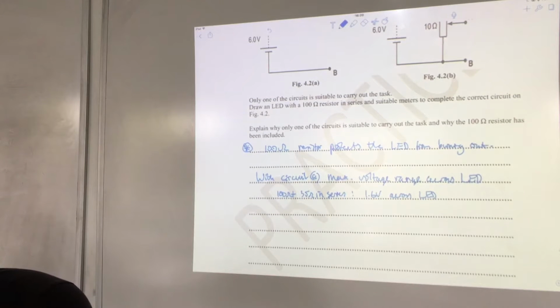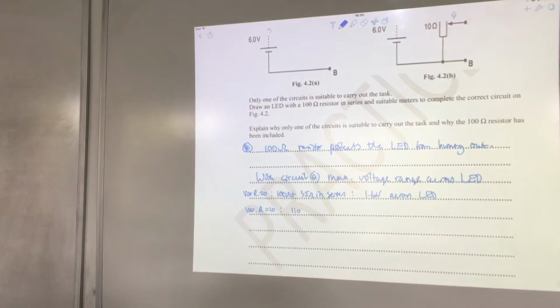For the variable resistor equal to 10 ohms, then we'd have 110 ohms and 35 ohm resistors in series.